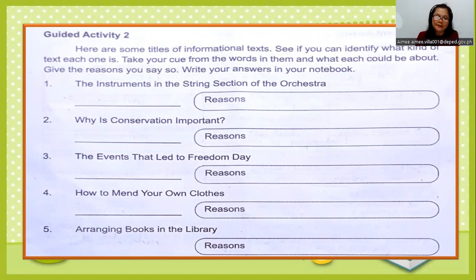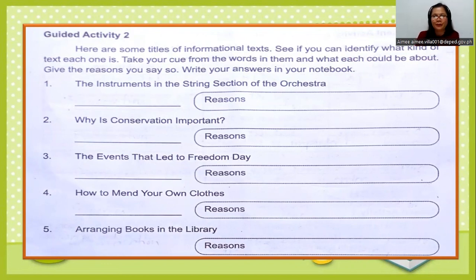Number 4, how to mend your own clothes. Very good. Sequence. What's the reason? Step-by-step directions will be found here, so you're going to follow steps on how to mend your own clothes.